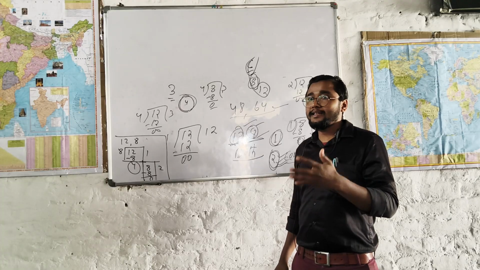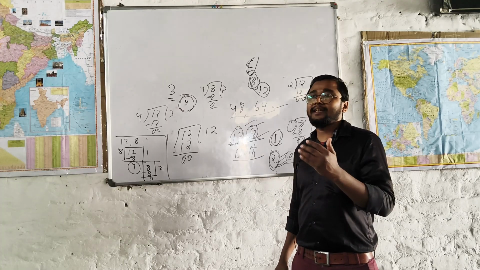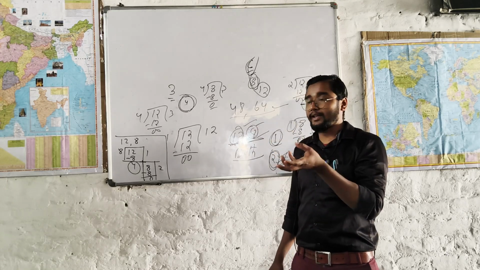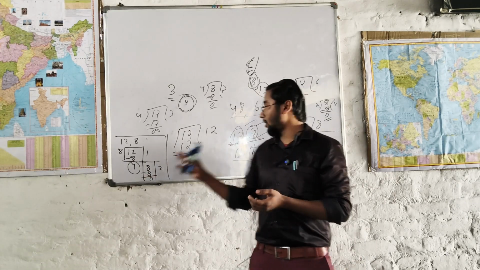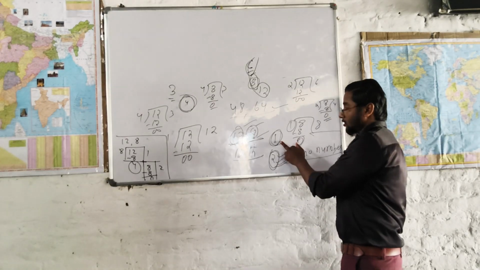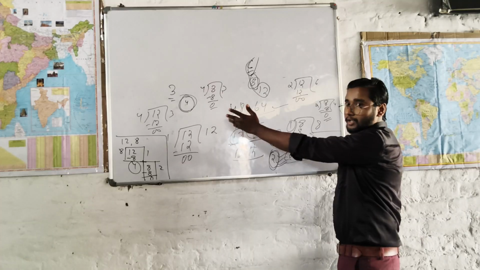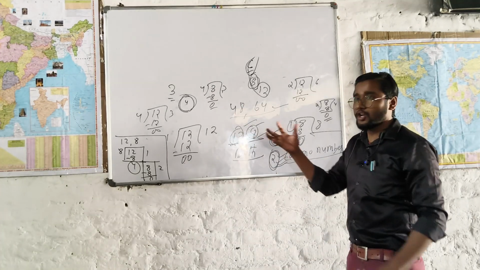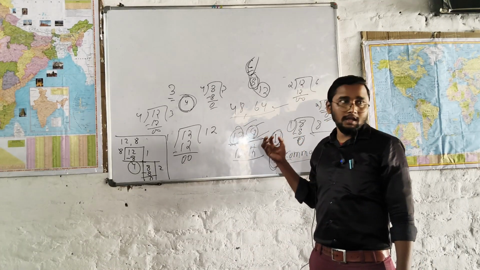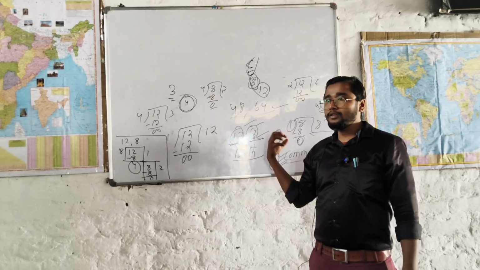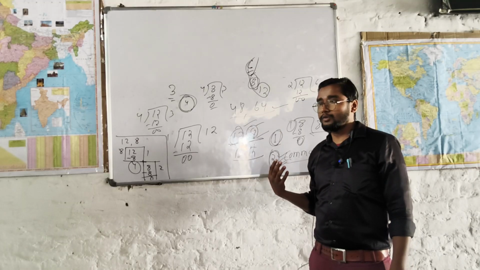HCF is the highest common factor, or we can say greatest common divisor. 4 is the greatest number. Why is 4 the greatest number? Because you have 1, you have 2, you have 4. If you check like a child, you will get 1, 2 and 4. Among all these, 1, 2 and 4, which is the greatest number?